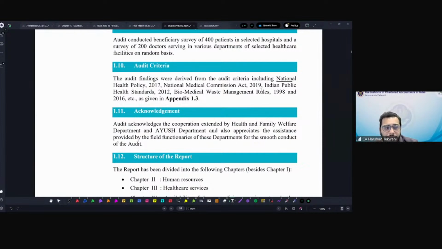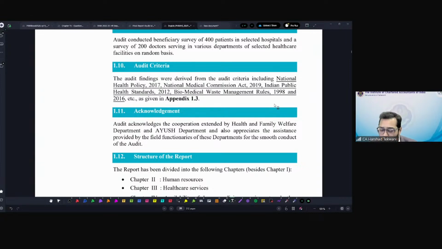Why do we have this audit criteria over here? Because at the end, when we are measuring performance, efficiency, and effectiveness, there should be something written. For example, there will be a minimum of 10 hospitals in a particular city. That is written somewhere, in a policy, in an act, or in some standards.